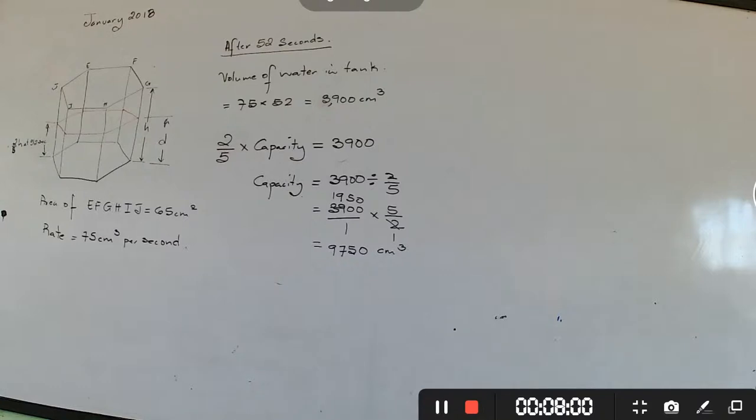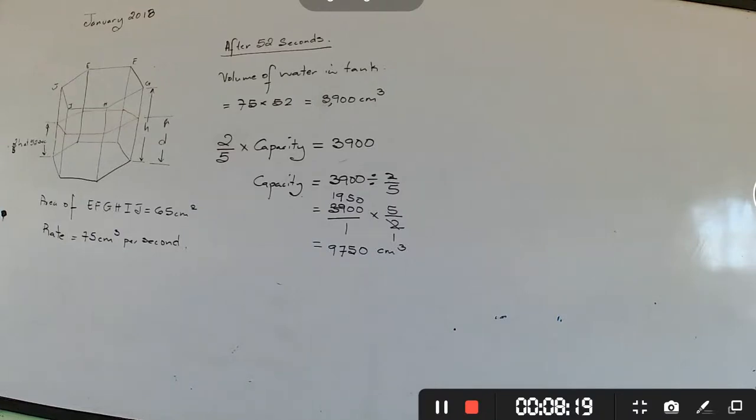Alright, let's go. What did we say about a liquid? A liquid takes the shape of its container. Now, what is the shape of the container? It's a hexagonal prism.